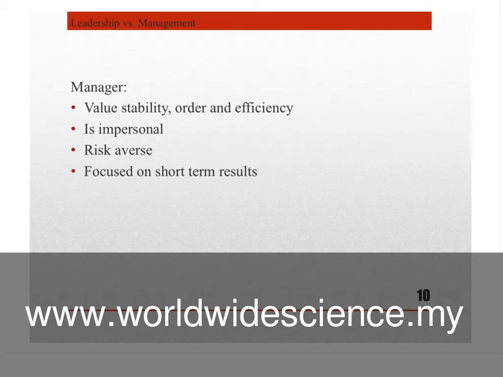They want some order in place, and they want the job to be done efficiently. That's a regular manager who just wants to get by. It's just focused on the stability of the company, and it should be stable and consistent, and there should be some order and efficiency.